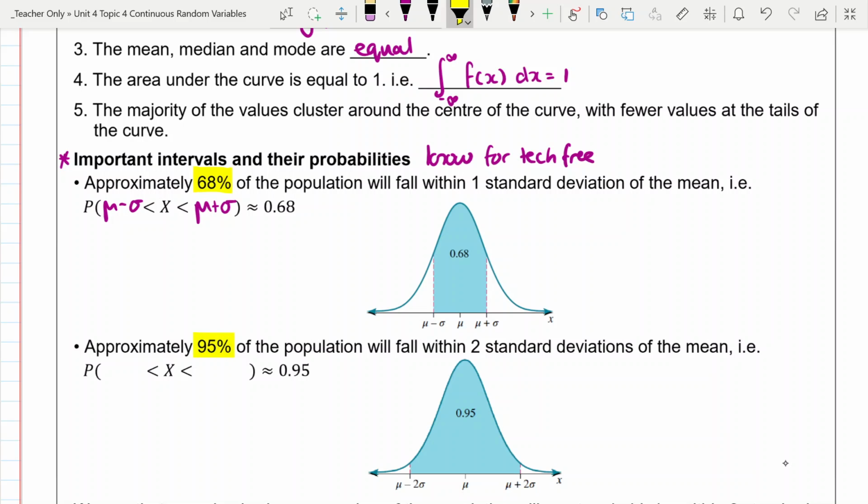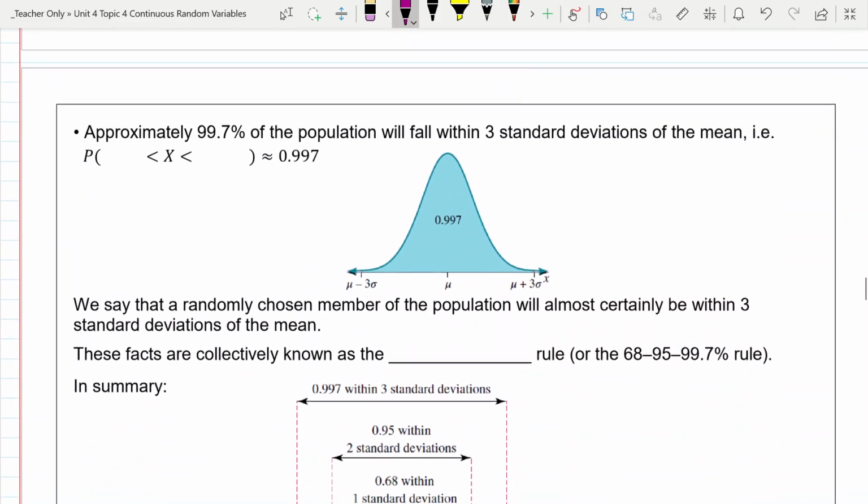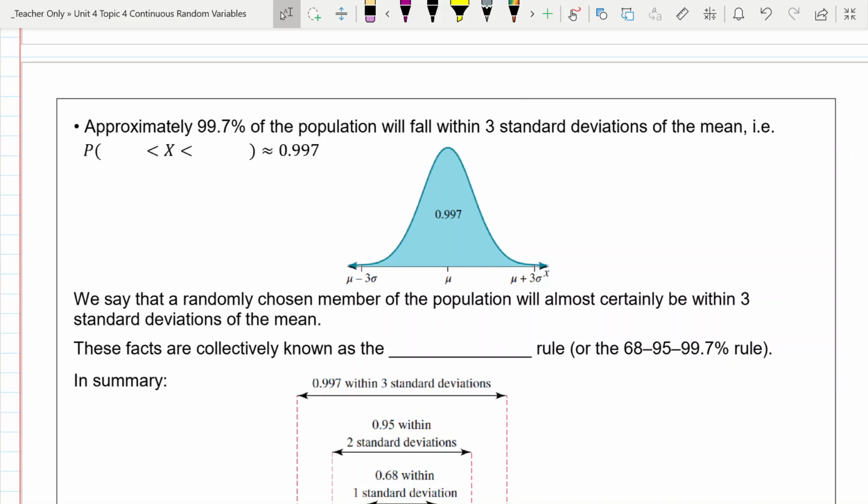Approximately 95% falls within 2 standard deviations: the mean minus 2 sigma and mean plus 2 sigma. And 99.7% of our population falls within 3 standard deviations: mu minus 3 sigma and mu plus 3 sigma.